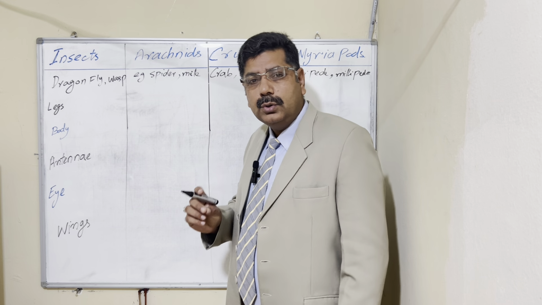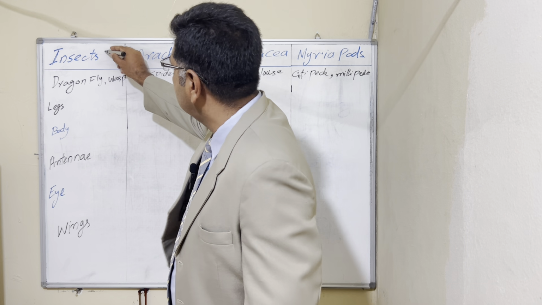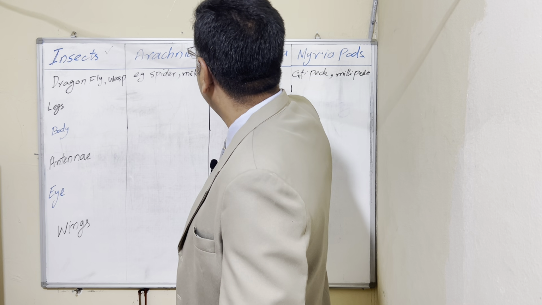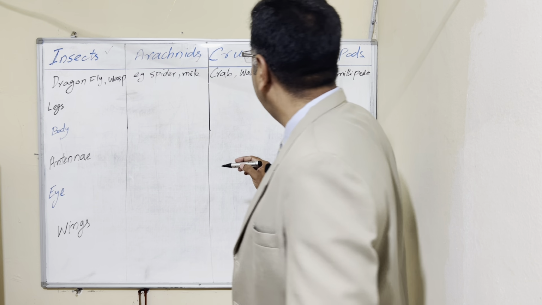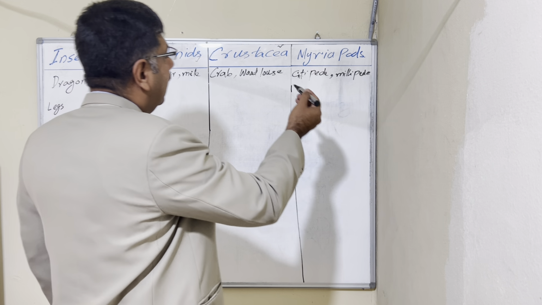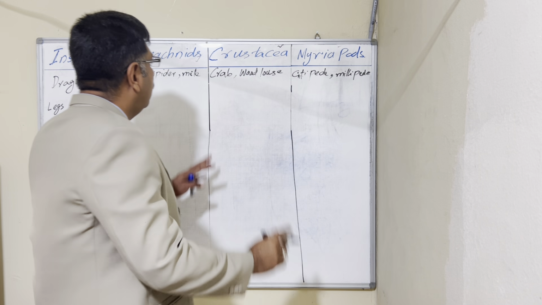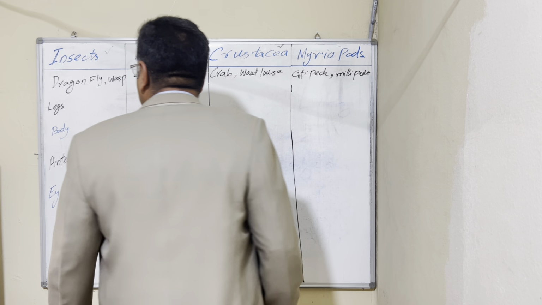In the arthropod group, we have the classes insects, arachnids, crustacea, and then myriapods. So these four classes we will discuss.